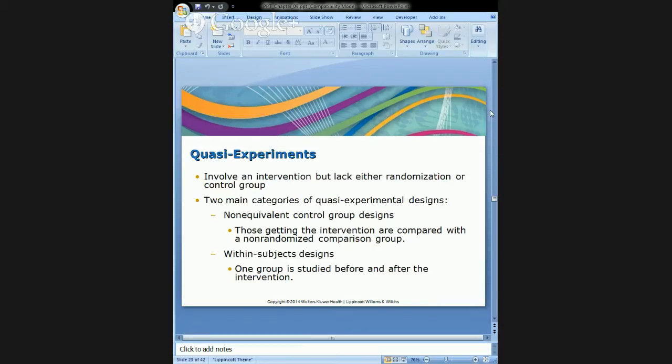In non-equivalent control group designs, those getting the intervention are compared with a non-randomized comparison group. So we have two groups, but people may not have been randomly assigned to those groups. Or within subjects design, and that's kind of like our pre-test, post-test. We look at the same group, do an intervention, and then look at them again to see if it's changed anything within them.